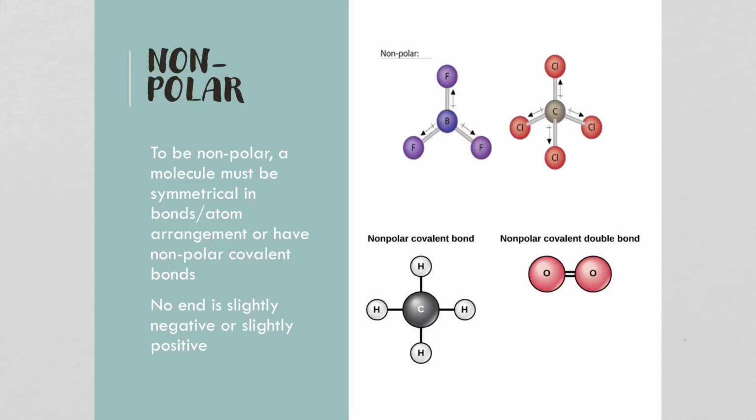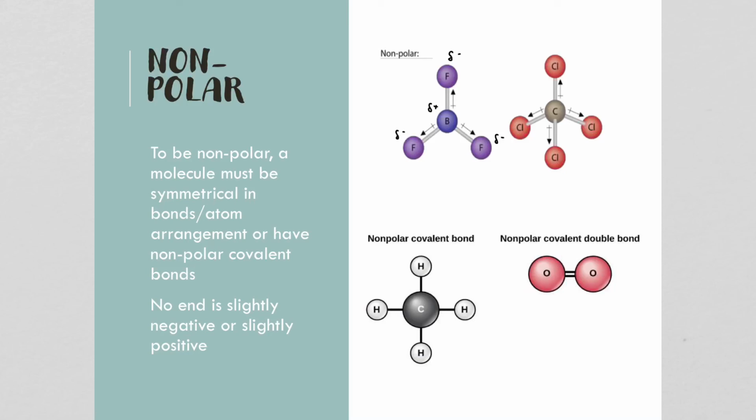These are polar covalent bonds, and the fluorines are more electronegative, so they're pulling the electrons towards each other. But if we drew our dipoles, these are all negative dipoles. So all along, they're equally pulling. So there's no end of this molecule that has a positive dipole and one end having a negative dipole. So this would be nonpolar.